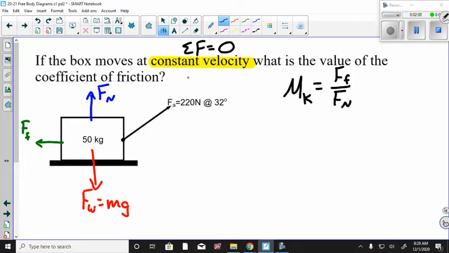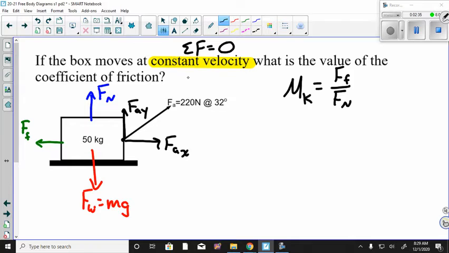Looking at my free body diagram, I can see that the applied force isn't in line with the other forces. So in order to be able to find the net force of 0, I need to break this applied force into its components, the x component and the y component.